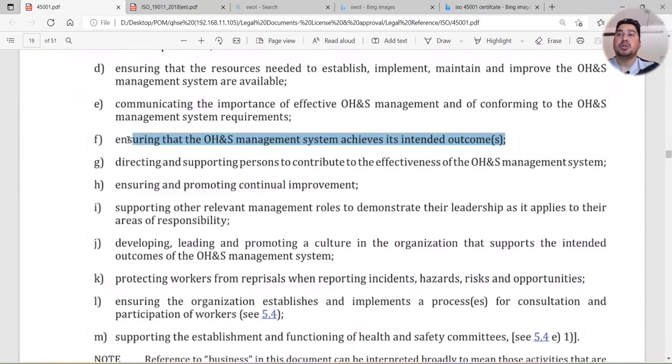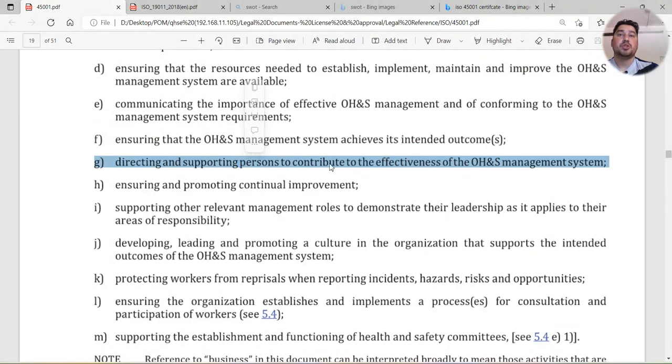When OHS achieves its objectives and targets, it is the management commitment also. Directing and supporting persons to contribute to the effectiveness of the occupational health and safety management system. It is the top management's responsibility to direct and support the people to make sure that they are achieving the business's occupational health and safety management system requirements.